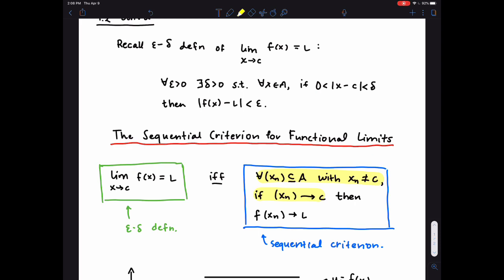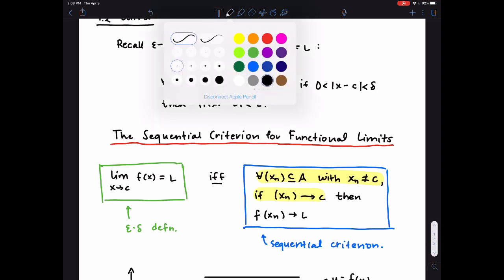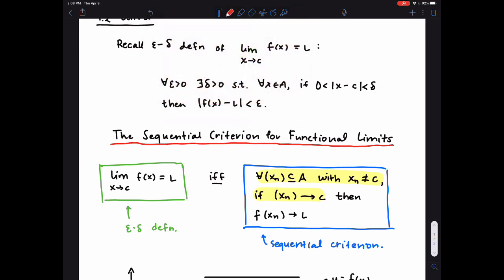So xn is playing the role of a sequence of inputs going towards c, and then f of xn is going to be our corresponding sequence of outputs, and we want to see that that goes toward L. The fact that we are talking about any sequence of this form tells us that we're requiring the limit must be the same along any path of approach.